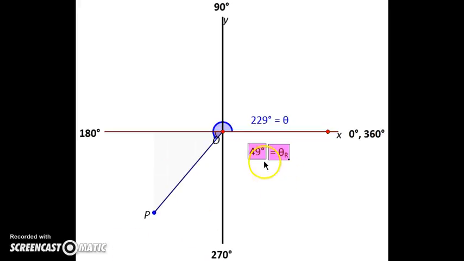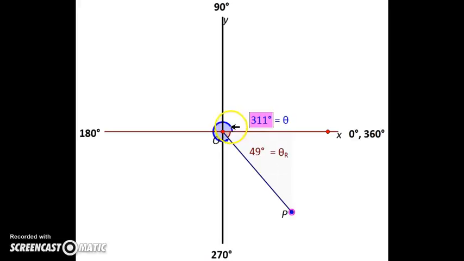Continuing into quadrant 4, until we get a reference of 49 again. We'll take our point P, rotate until we get that terminal arm where we have a location that gives us a reference of 49 degrees. So our standard position angle has rotated fully. You'll notice this blue arc, counterclockwise again as before, 311 degrees. We have fallen 49 degrees short of the benchmark of 360.